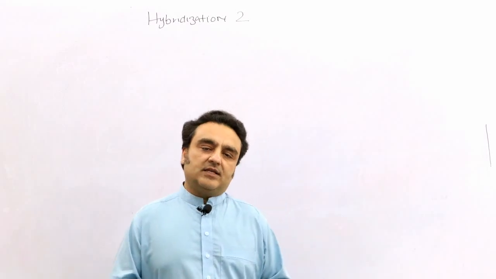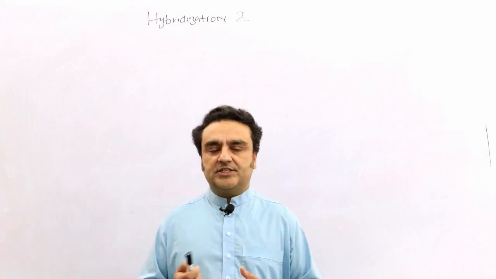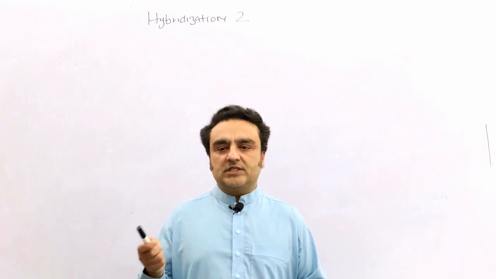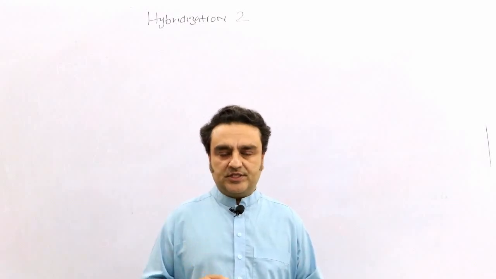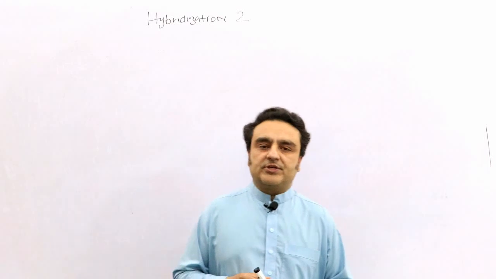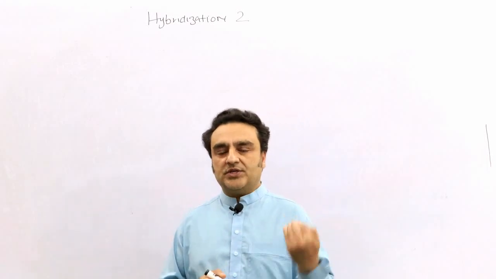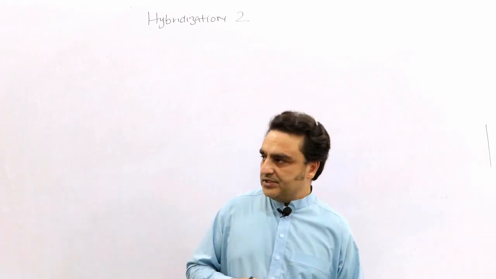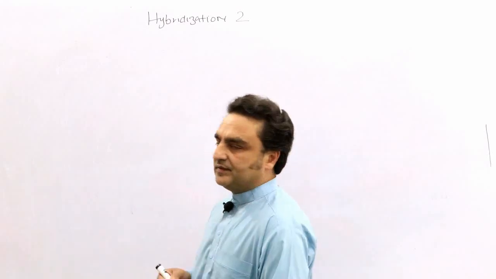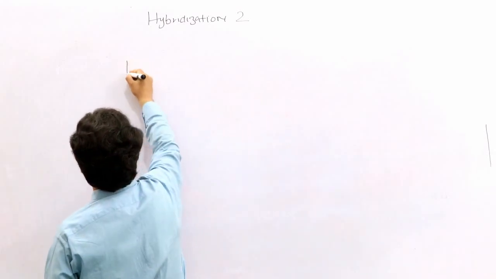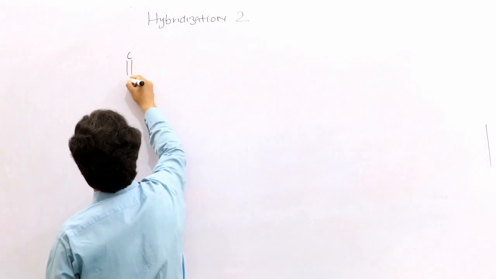As previously I gave some simple examples of molecules of which the hybridization was to be determined. So today I am trying to solve those questions, and these are the answers. First one was acetylene, this ethene molecule.